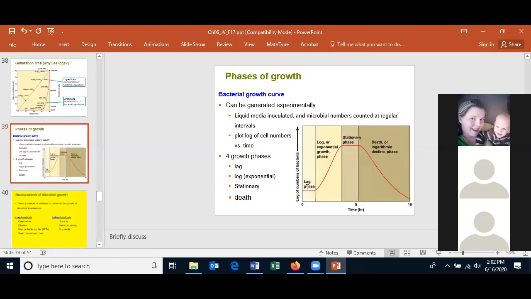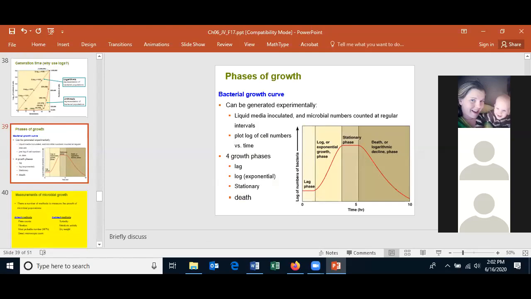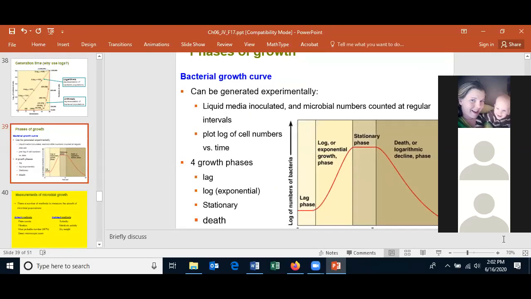When we look at bacteria growing in a population, and this will be true for most populations growing in a limited environment, initially there will be a lag phase. The lag phase is because the bacteria come from something like a solid media and then you put them into a liquid media.